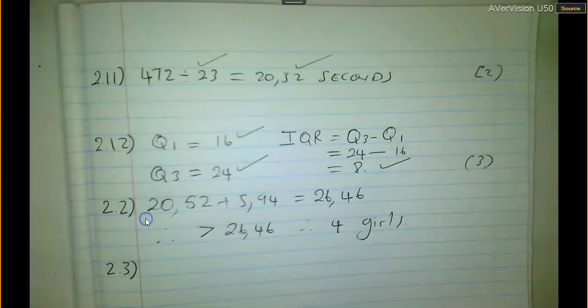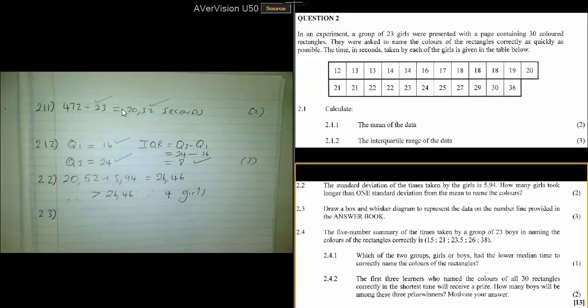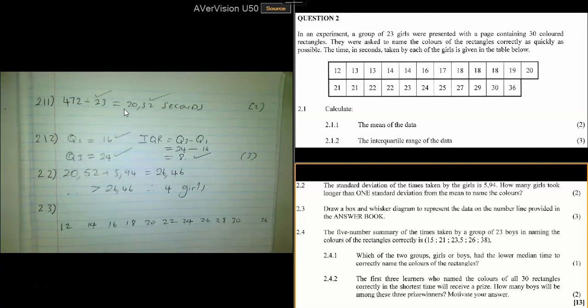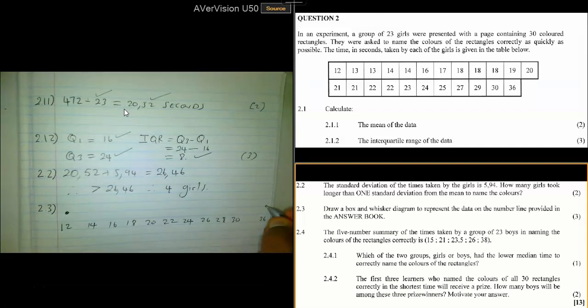Okay, so let's have a look at 2.3. Here we need to draw a box and whisker diagram to represent the data on the number line provided in the answer book of the 2017 paper 2 NSC exam. My lowest value here is 12, my highest value is 36.